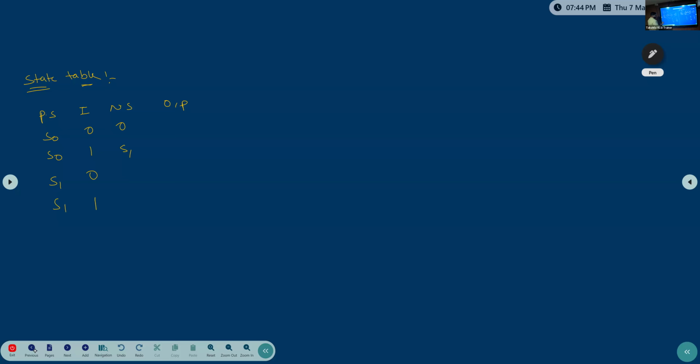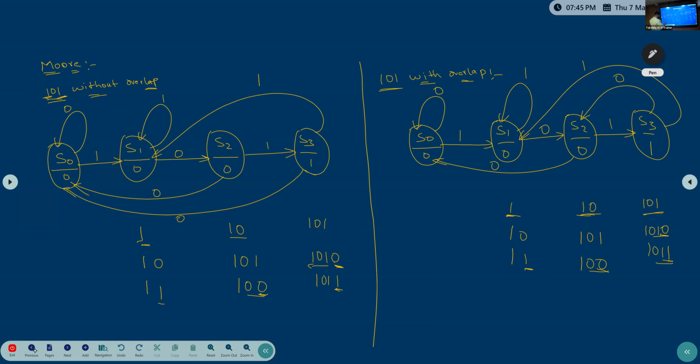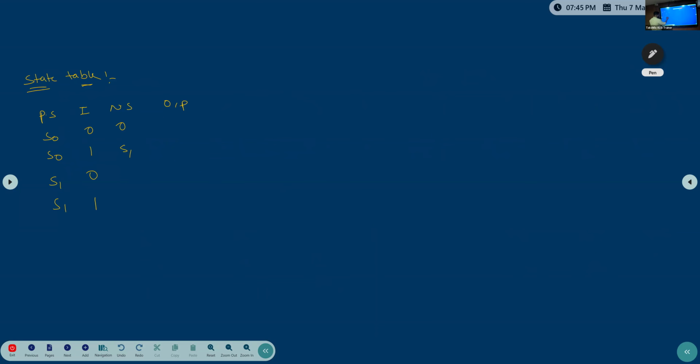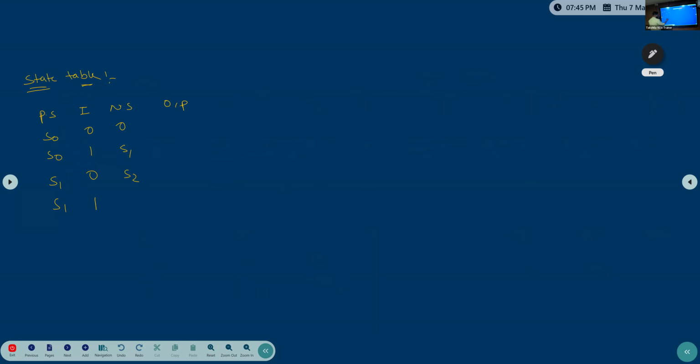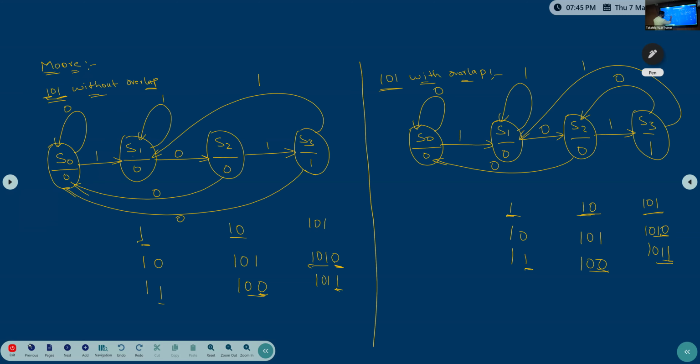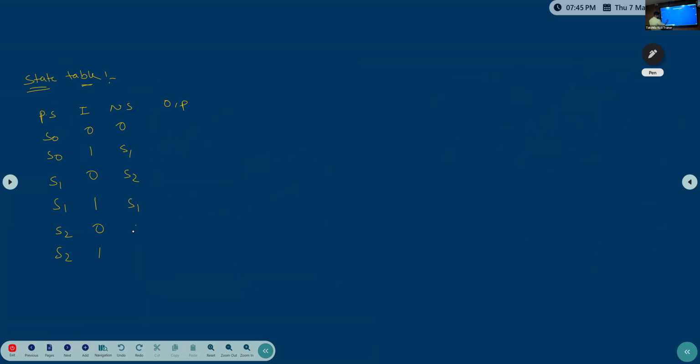S1, 0, I need to go to S2. S1, 1, I need to stay in the same S1. Then S2, 0 can be there, S2, 1 can be there. S2, 1 is there, I need to go to S3. 0 will be there, I need to go to S0. This one is S3.